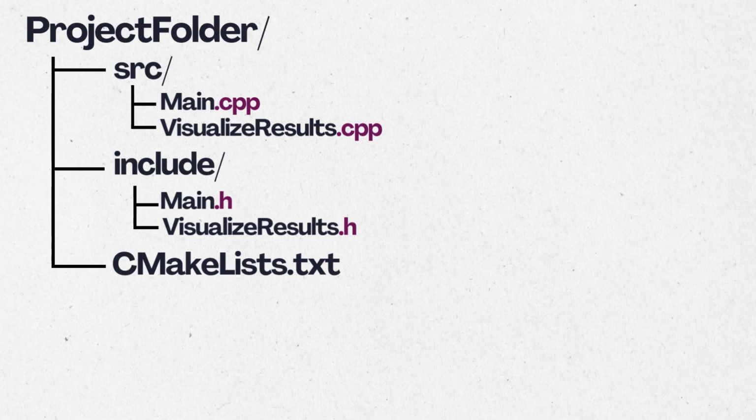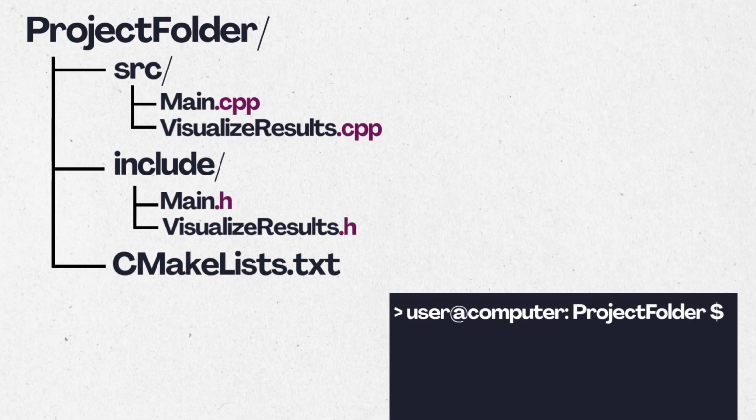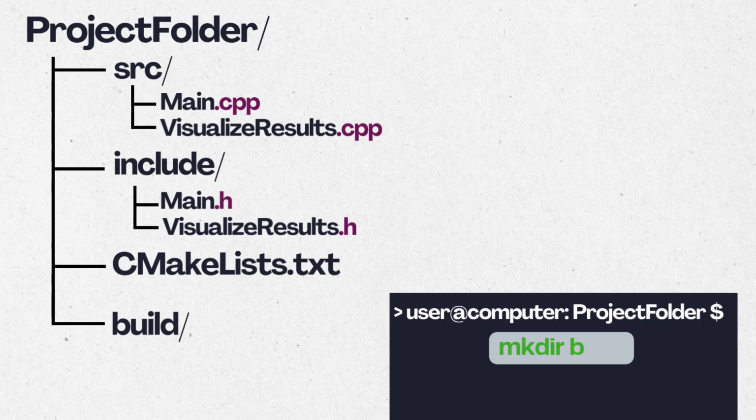It tells the build system which source files belong to the project, which external libraries are needed, and which compiler options should be used. So to make the compilation easier and not to have all the files lying around, what we usually do is create a folder called build. So you just run the command mkdir build to create a new folder, and then you go inside that folder with cd build.